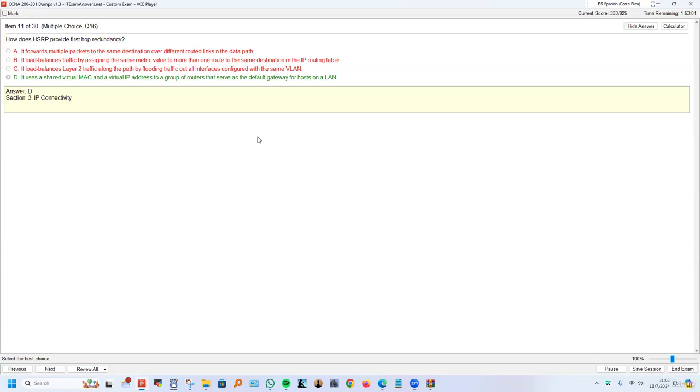It uses a shared virtual MAC and virtual IP address to a group of routers that serve as the default gateway for hosts on a LAN. That is the correct one. Let's just read it again, the explanation on that one. How does HSRP provide first hop redundancy? It uses a shared virtual MAC and virtual IP address to a group of routers that serve as the default gateway for hosts on a LAN.